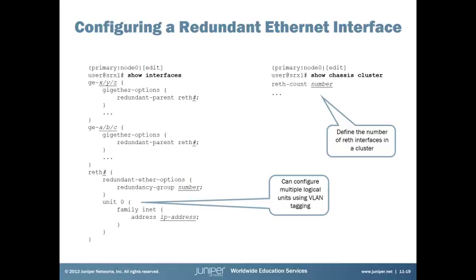So we've got REIT number, redundant Ethernet options, unit 0, and an IP address. So the interface is actually known as a REIT interface. So we're actually configuring, you configure multiple logical units just as you can on a regular interface. So all those things sort of apply.